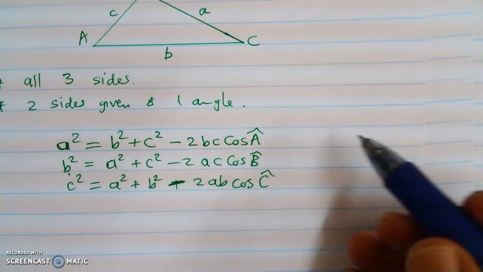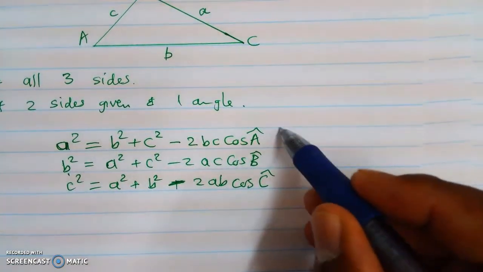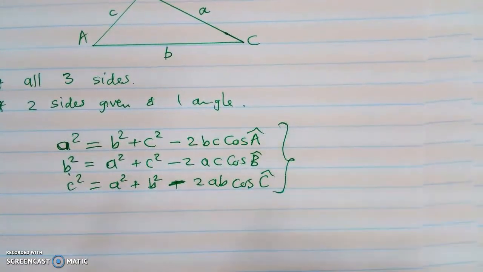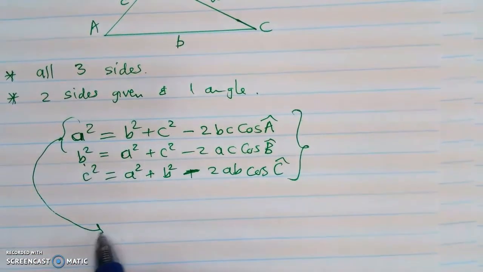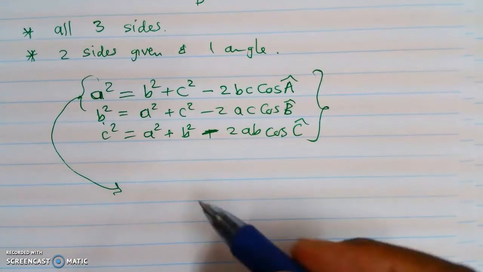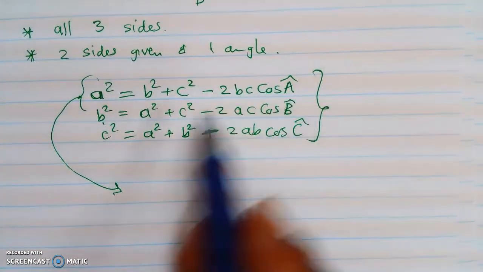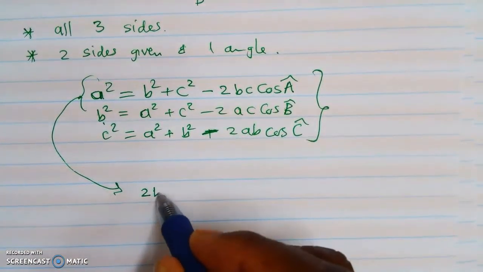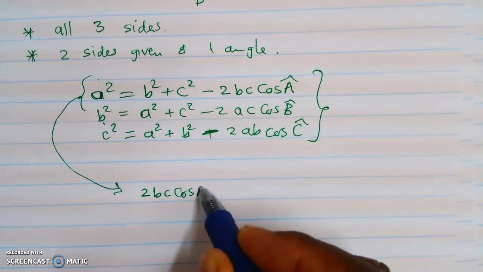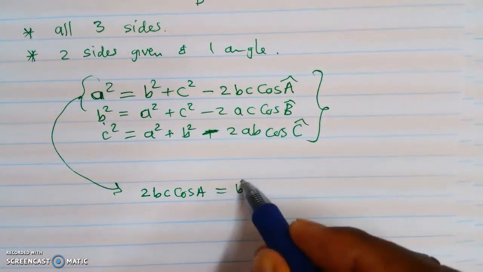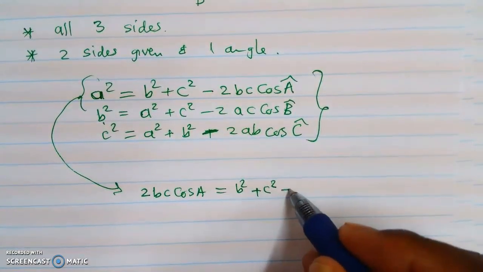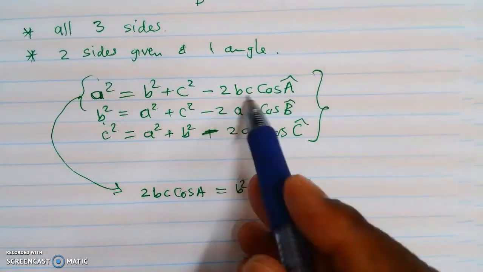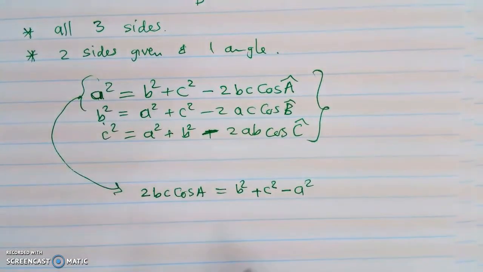We can also make cos the subject of the formula. I'll just do this one, taking this one and making cos A the subject. I can bring everything there: 2bc cos A equals b squared plus c squared, and then I can subtract a squared. Just bring this one to the left and this one to the right.